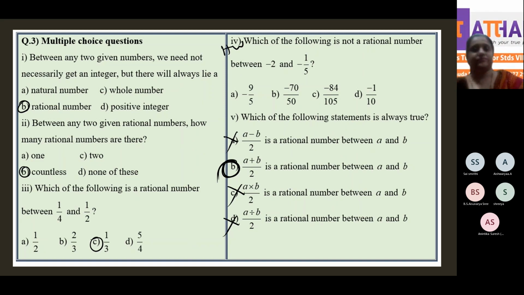All right, children. So next class we'll finish this chapter, rational numbers. I just have a little more to do based on the properties: simplifying expressions using the properties, mostly the distributive property of multiplication over addition and subtraction.